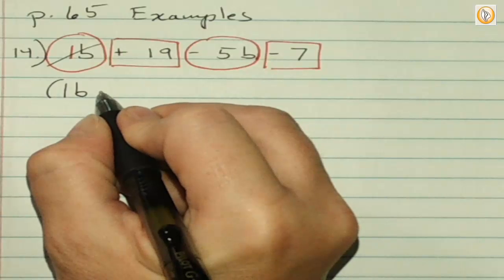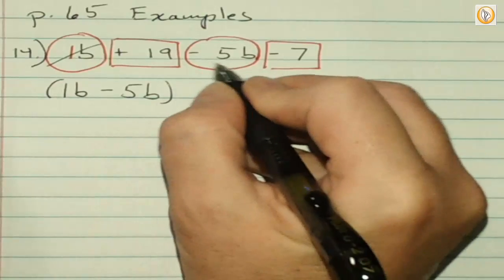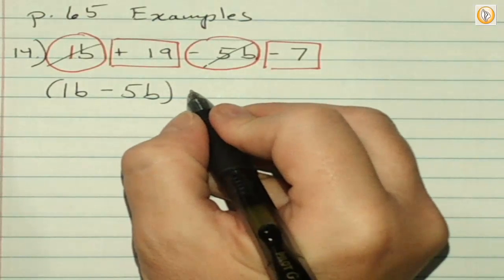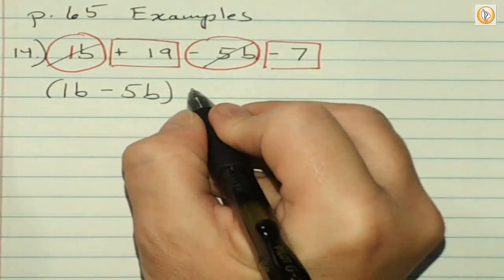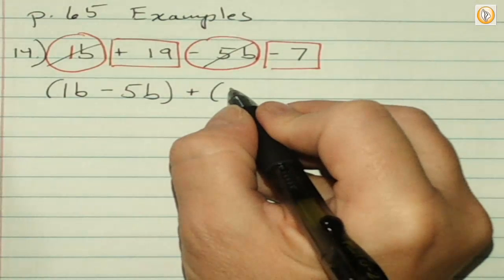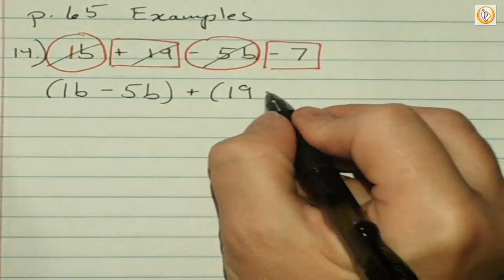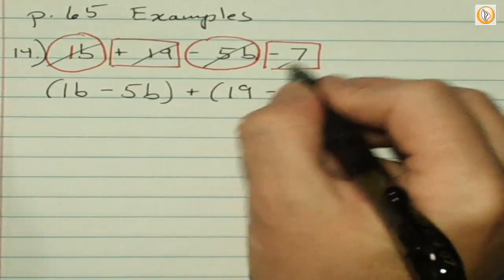Then you put negative 5b. Yep, and cross out. What do I put in between parentheses? A plus sign. And then what do I do? Plus 19 and negative 7. Cross out.